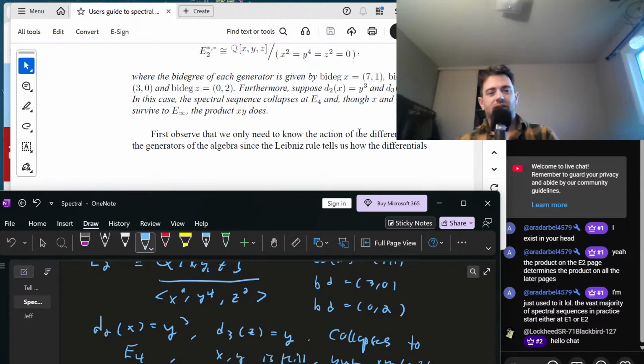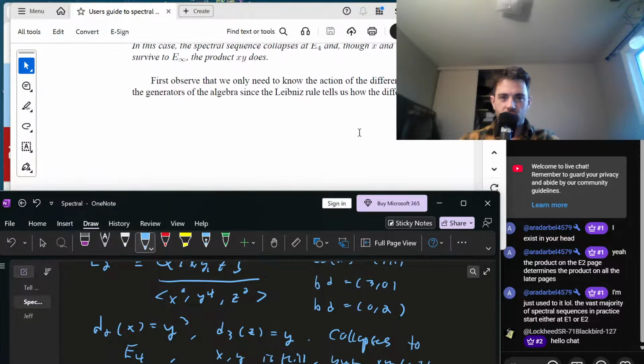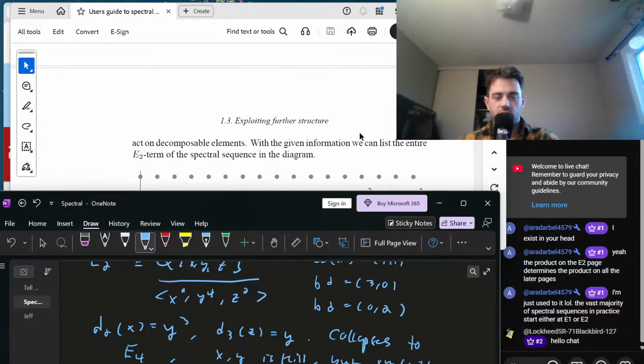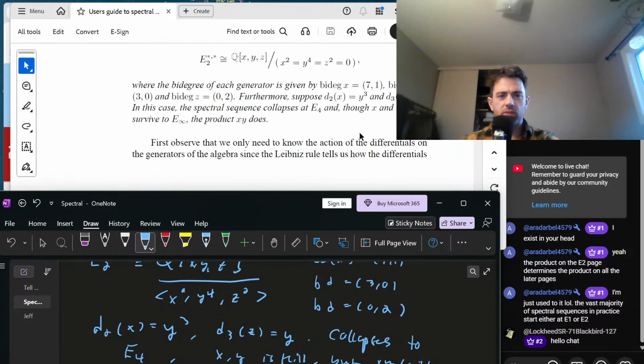We observe that we only need to know the action of the differentials on the generators of the algebra, since the Leibniz rule tells us how the differentials act on decomposable elements. Do we have the Leibniz rule, though? I don't think we were told what happens on y.